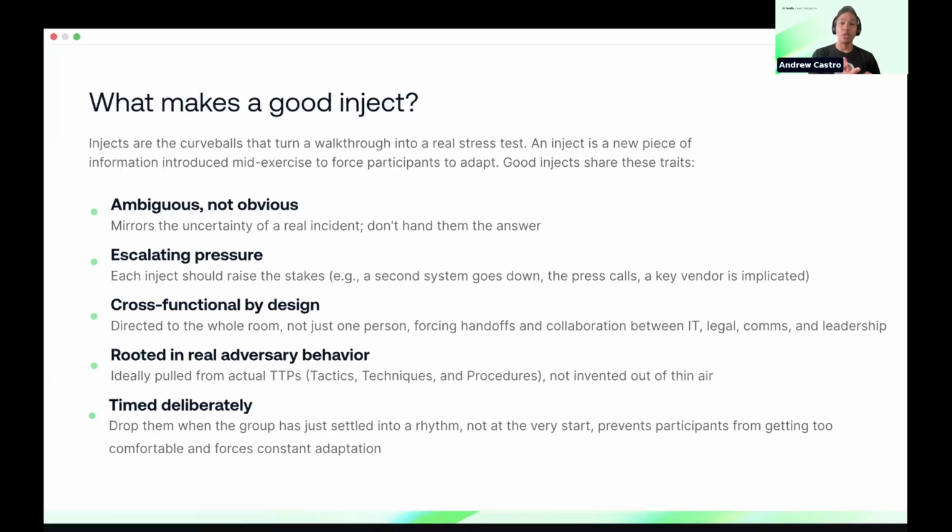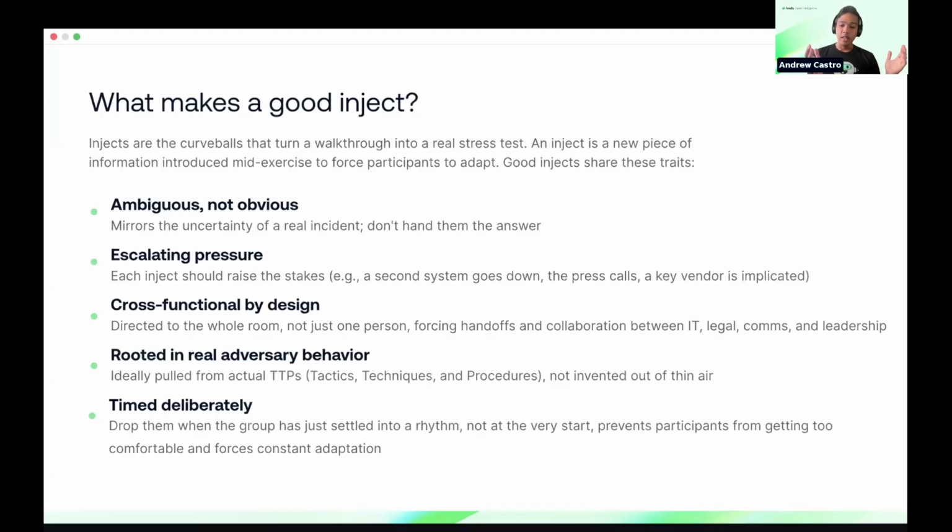It should escalate the pressure. It should force people to do something, or make the pressure harder. In Army exercises, people will say, "Oh, this squad is now dead. This squad is no longer effective," and so people have to pivot and change the way they're going to do something as a result.